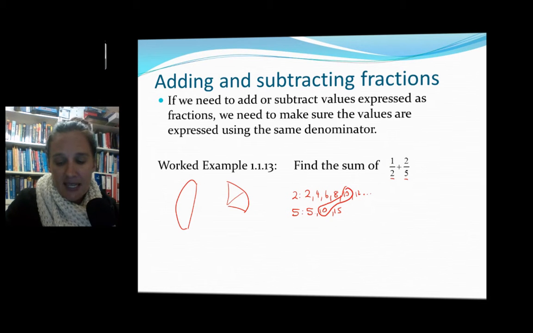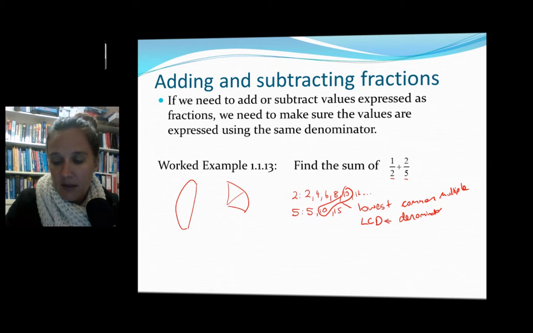This 10 is here, they both have a 10, and this is our lowest common multiple, and it's also our lowest common denominator. So what we're in effect doing, we're going to change both of our fractions to have a denominator of 10.